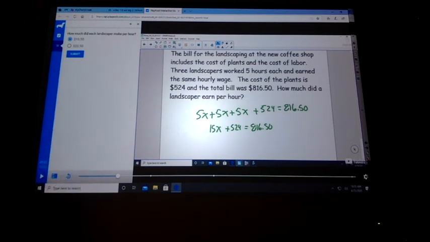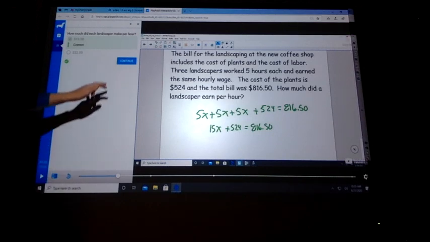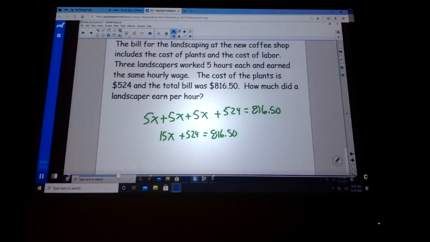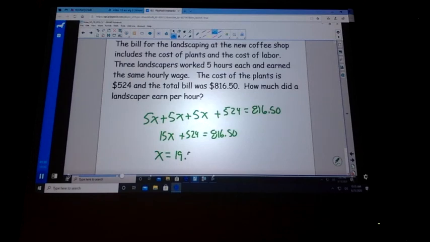Right there, we're gaining points. $19.50 is our answer. Hit submit, gives us the correct, and then we can hit continue. So x equals $19.50. That's what each of the landscapers made per hour.